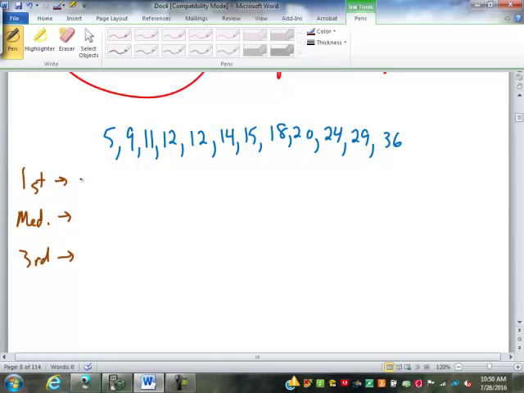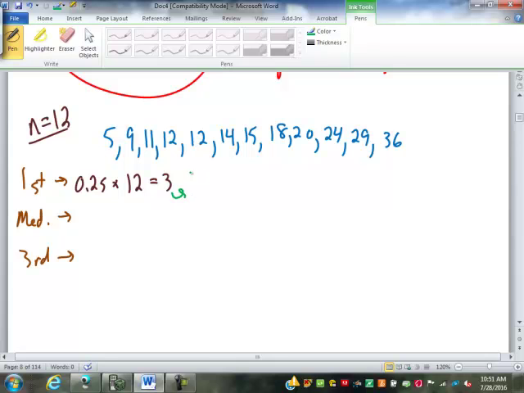So my first quartile, 0.25 times, what's n here? Should be the amount of numbers, so it should be 12, right? So 0.25 times 12 gives me 3.